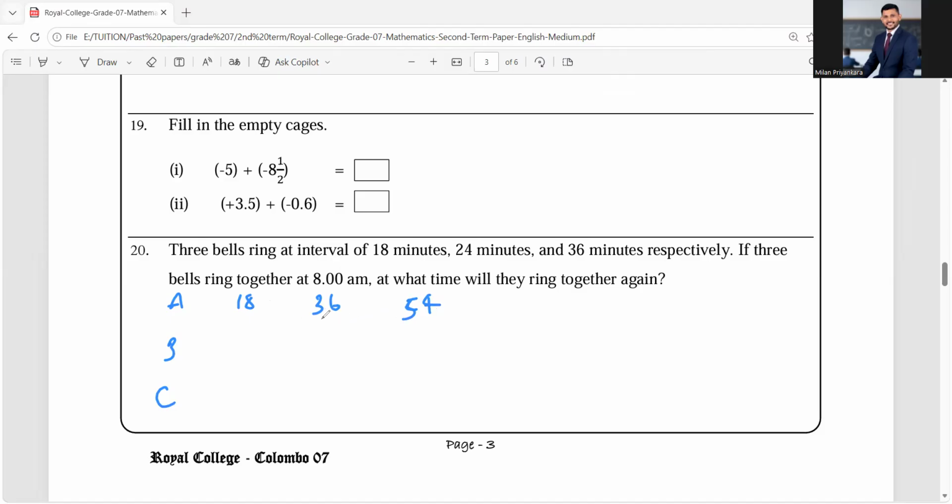Okay. You understand that? Right. And the next one, B: 24, and 24 times 2 is 48.